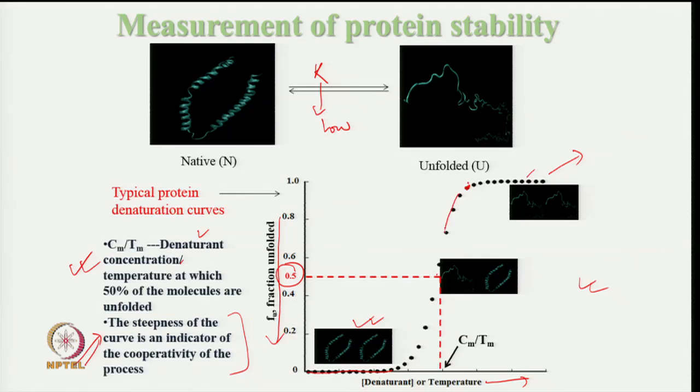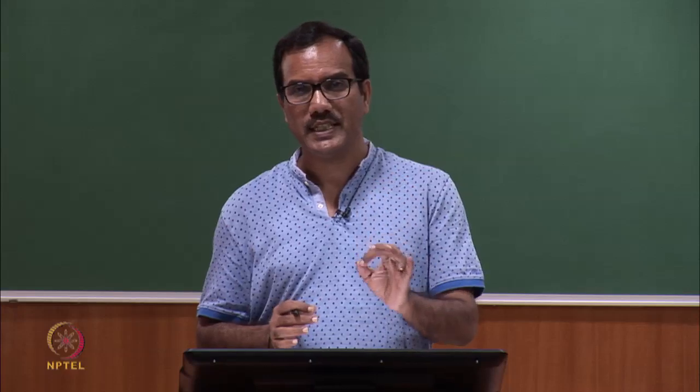Now, the steepness is also very important, because if it is very steep, it means it is a cooperative process, and basically this only involves a native state and an unfolded state, a two-state process.